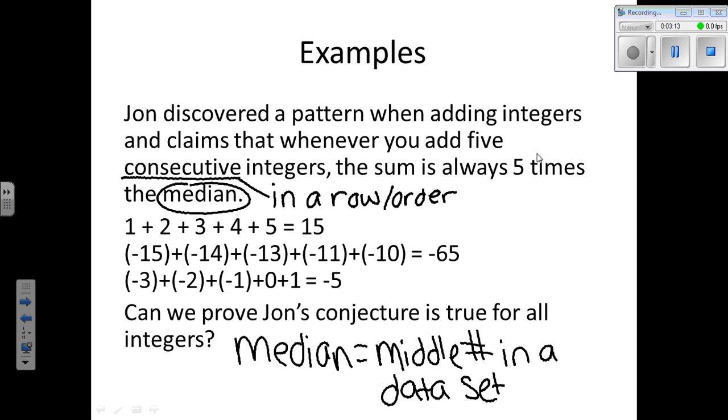Let's take it back to stats. So in our first one, 1 plus 2 plus 3 plus 4 plus 5, the middle number is 3. So 3 is your median. If you go 3 times 5, it equals 15.